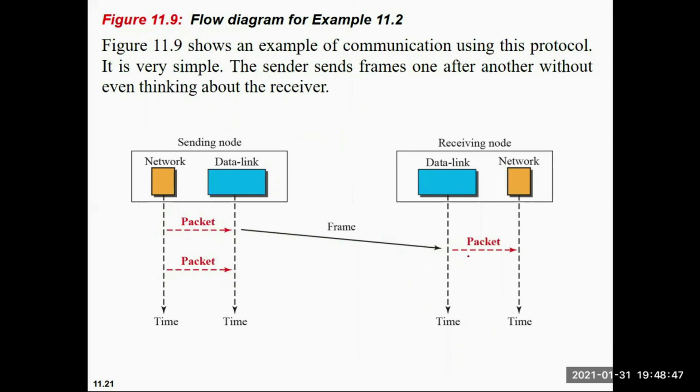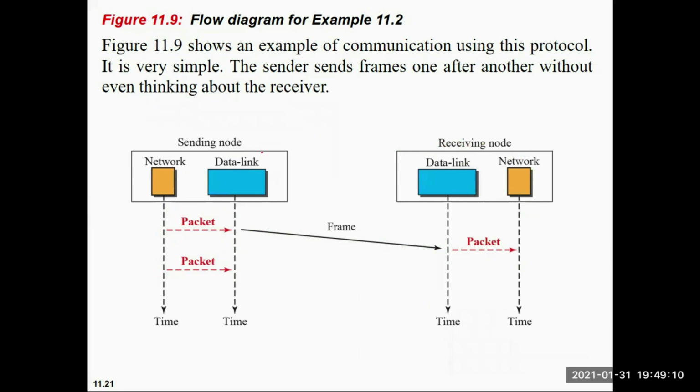You can see here that this time ends, and only after this time does the next process start, so that the receiver end will not be overburdened, and these two will easily be in synchronized mode.